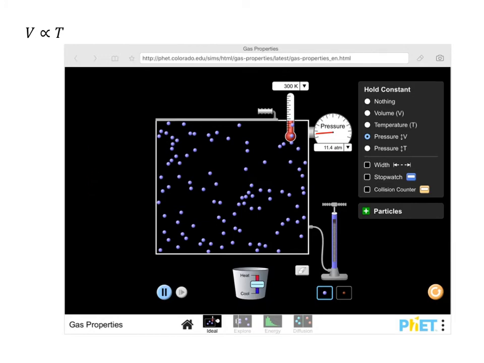And by the volume expanding, now the molecules have to travel further, and so they're striking the walls less frequently. Even though they're striking the walls harder, that balances out the fact that they're striking the walls more frequently, allowing the pressure to stay constant. But in order for that to happen, when I increased the temperature, the volume had to increase.